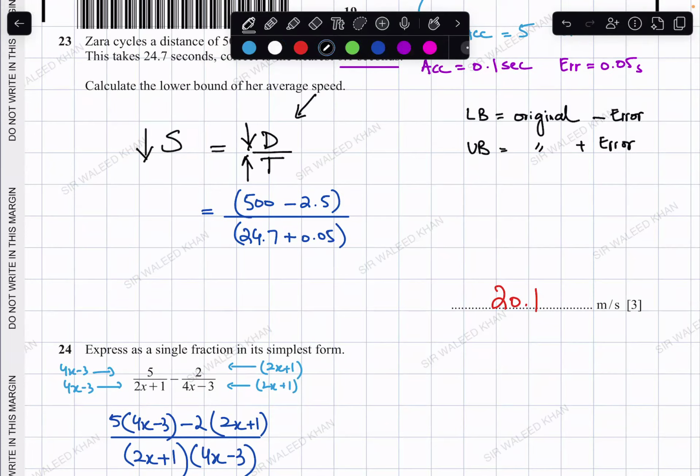But if the question is saying upper bound of speed, then the highest possible value is achieved when the numerator has the upper bound and the denominator has the lowest possible value, isn't it? Yes. Got it?